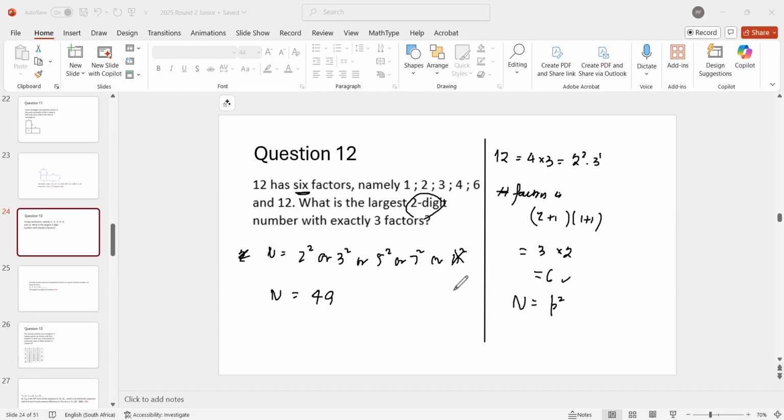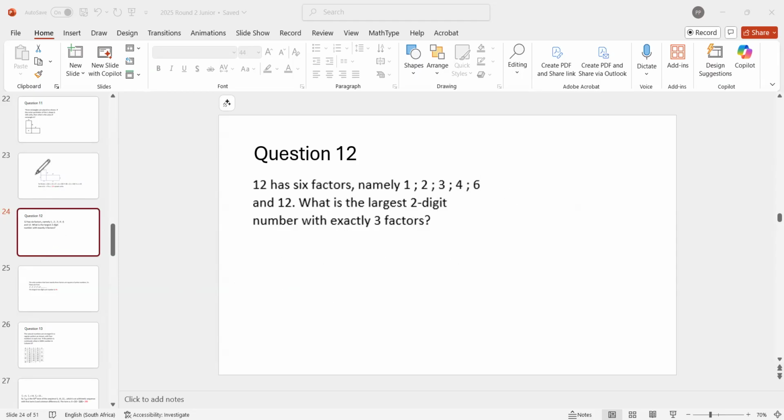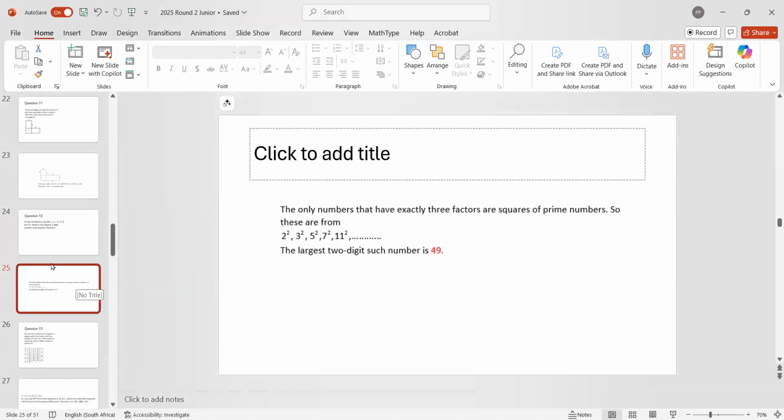So it's quite a tricky problem. But once you know that n is a square of a prime number, then you have to look at the largest possible square of a prime number which has 2 digits. Okay, so that takes care of that. We saw that n is equal to 49. Also, see how quickly I went to the answer here.